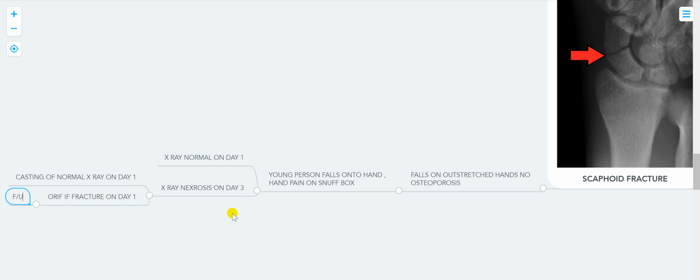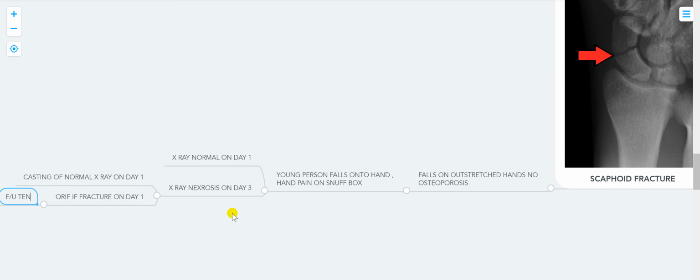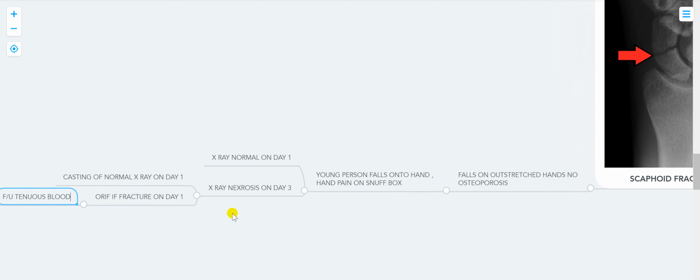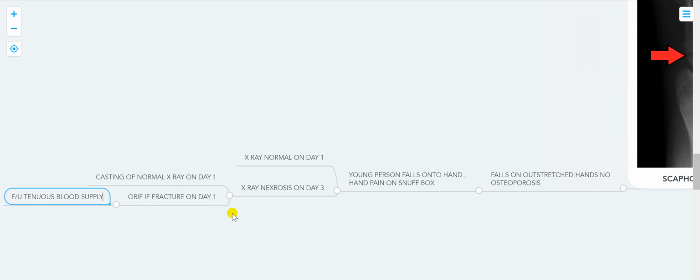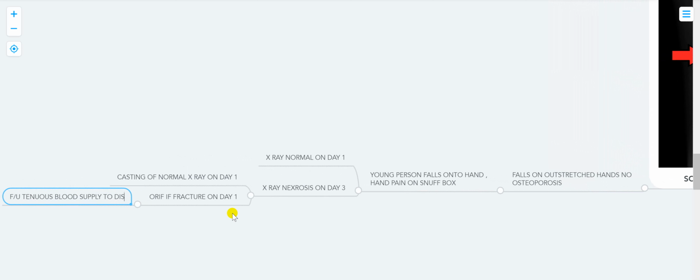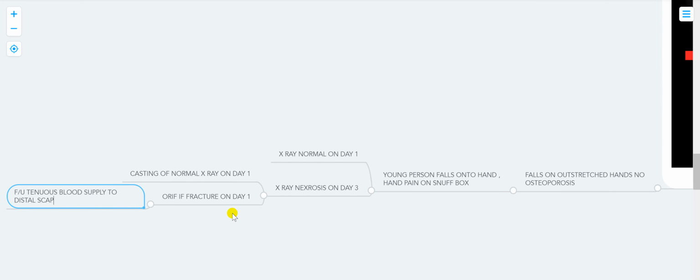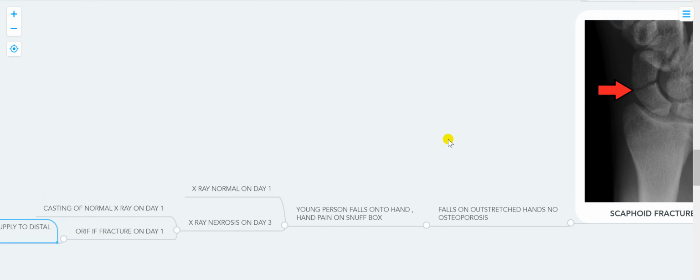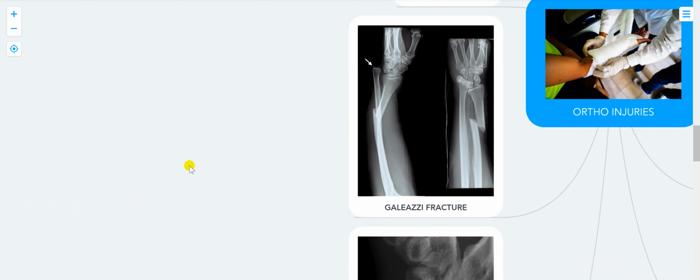You follow up with blood supply to the distal scaphoid, because it can affect the artery that supplies the bone and causes necrosis, and that's not a good thing. You never want to see necrosis in your body.